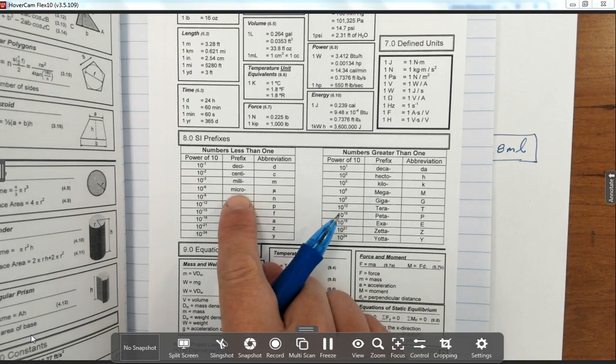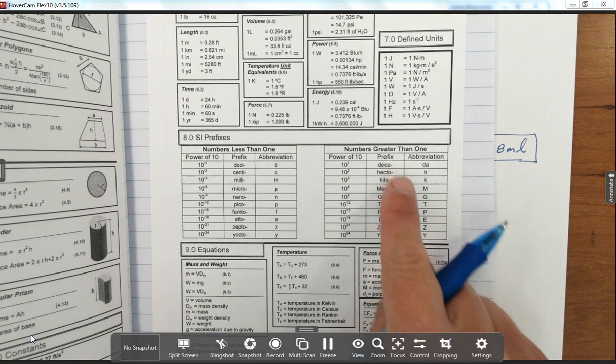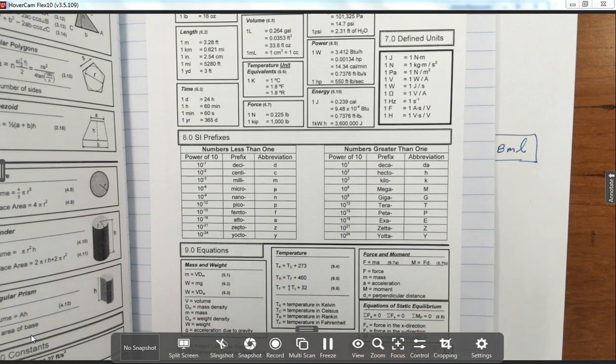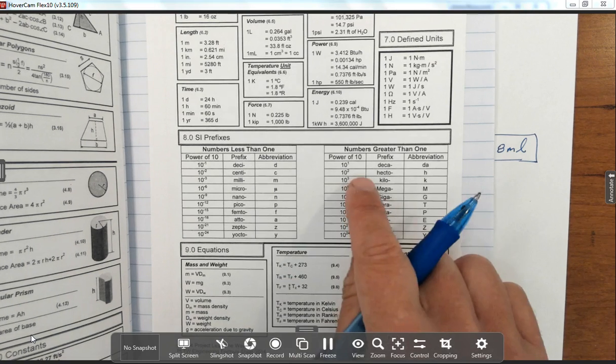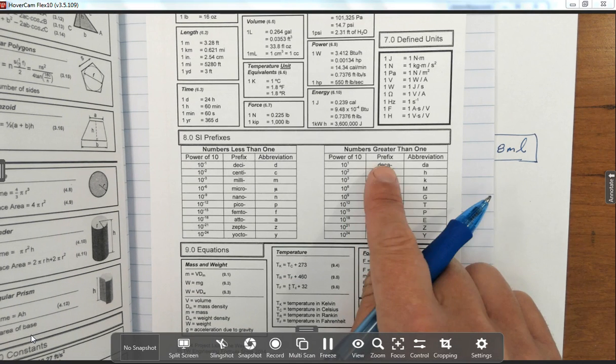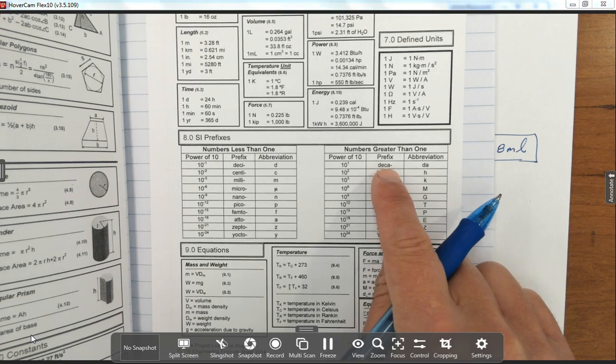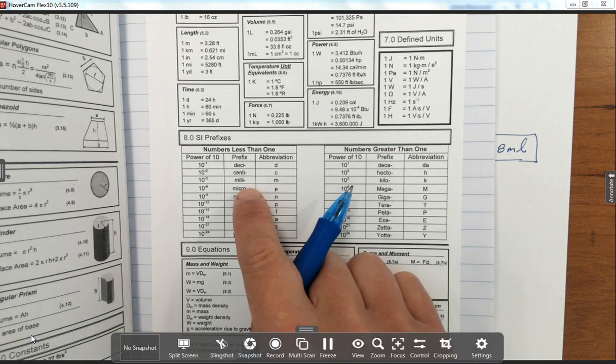So sometimes students struggle when converting from a unit that was over here to a unit that's over here. A simple way, maybe a half a step longer, is to not go straight from deca to micro, but to stop at the base unit on the way. So let's go from deca to the base unit, and then from the base unit to micro.